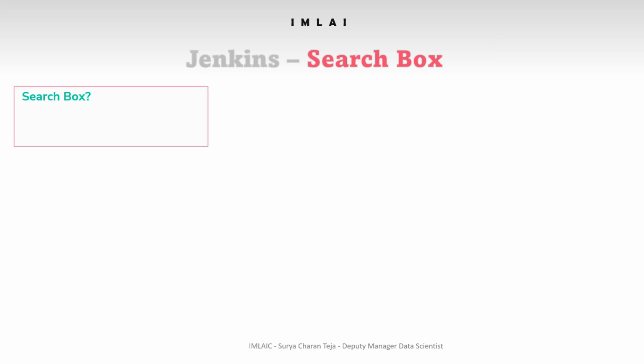So then let's look into how a search box can be used effectively in Jenkins. Every page in Jenkins has a search box on its top right that lets you get to your destination as quickly as possible without multiple clicks.